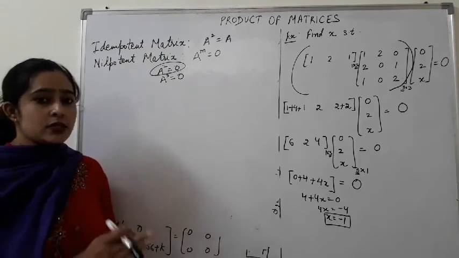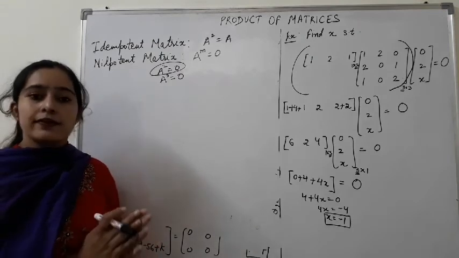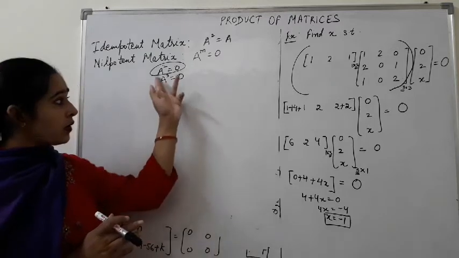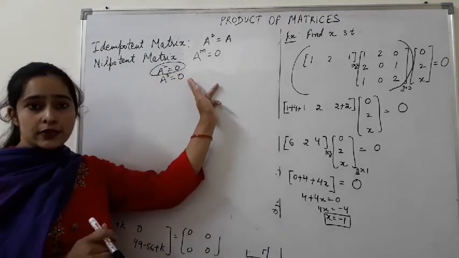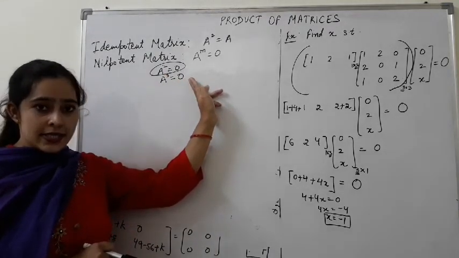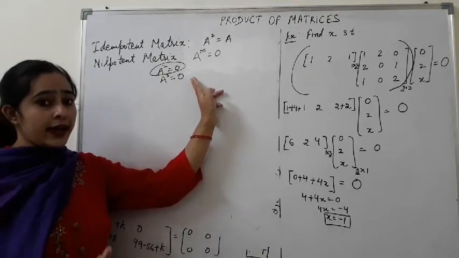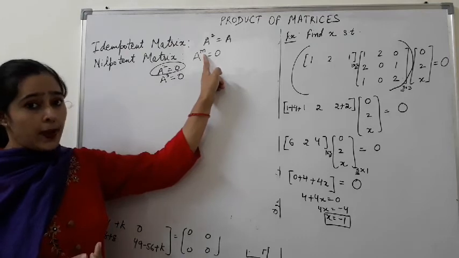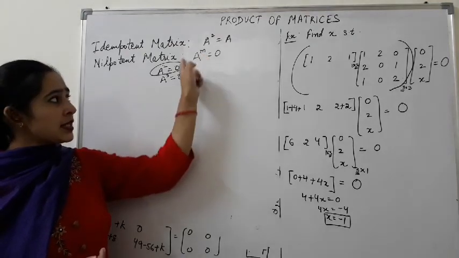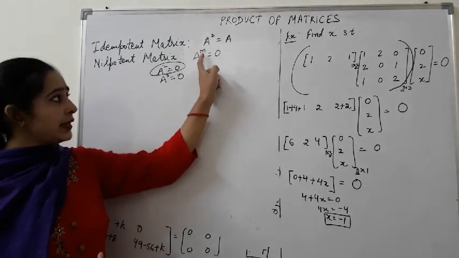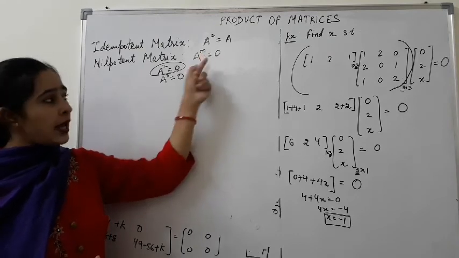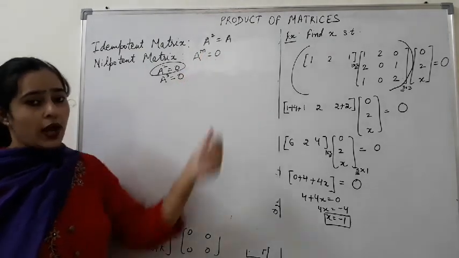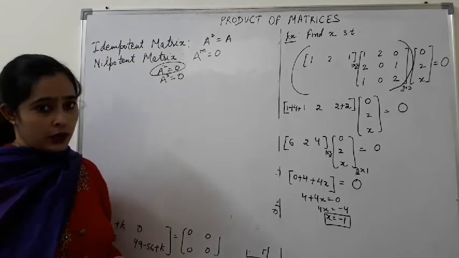Similarly, if A is not a 0 matrix, A square is not a 0 matrix but A to the power 3 is equal to a 0 matrix, then you will say that index is 3. That means what is index? Index is the least positive integer m which satisfies this condition, and such type of matrix is known as nilpotent matrix.